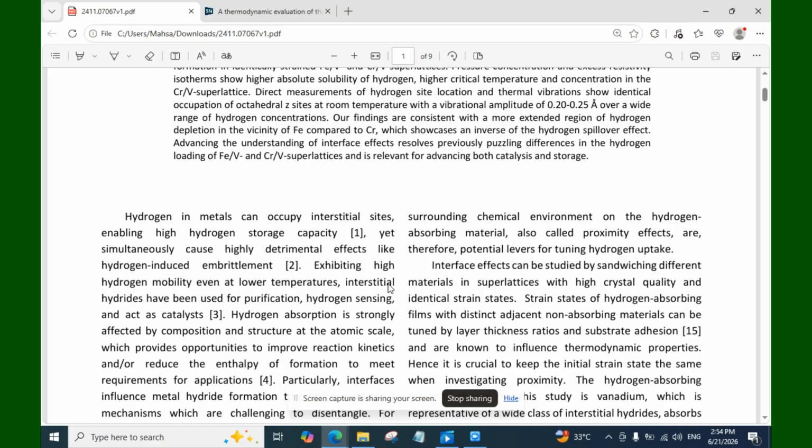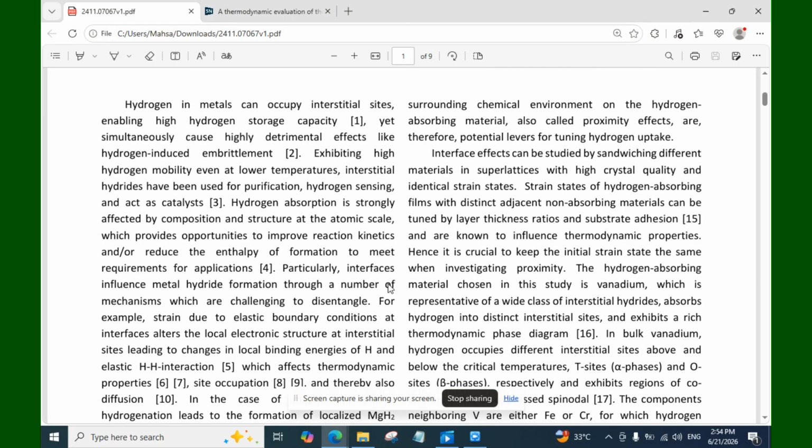and storage. Hydrogen in metal can occupy interstitial sites, enabling high hydrogen storage capacity, yet simultaneously causing highly detrimental effects like hydrogen-induced embrittlement, exhibiting a high hydrogen mobility even at lower temperature.